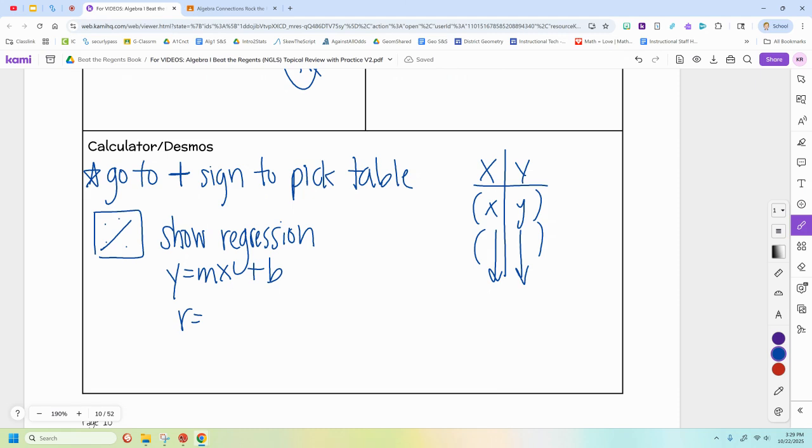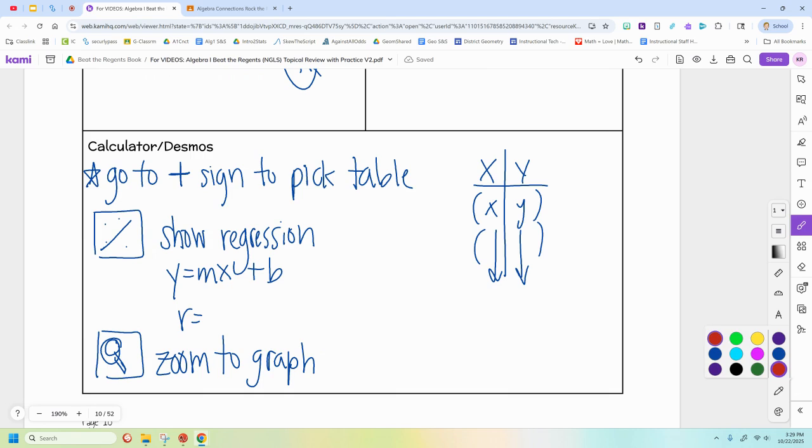The other cool thing was the symbol at the bottom of the bar, which looks like a magnifying glass. What that did is zoom to the graph to show you both the data and the regression line. And the last thing to say is you need to be super careful about rounding.